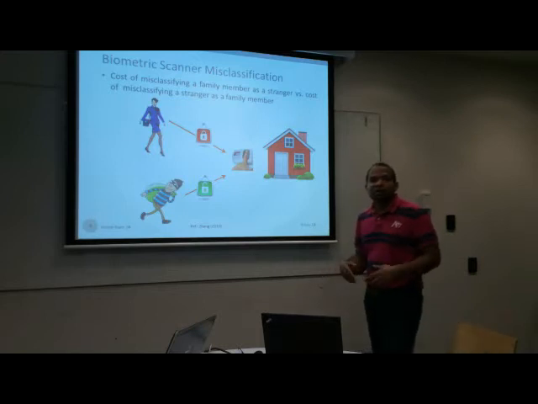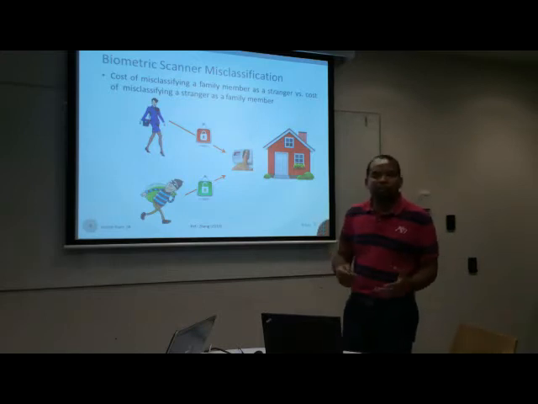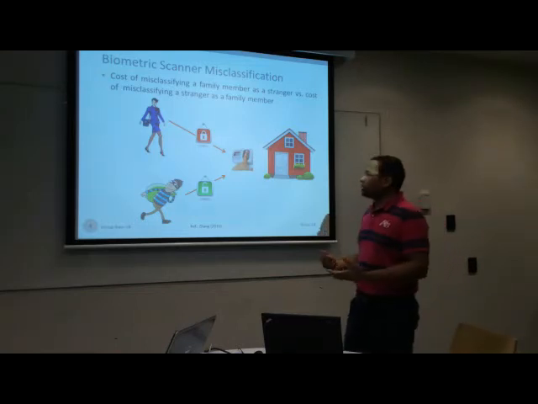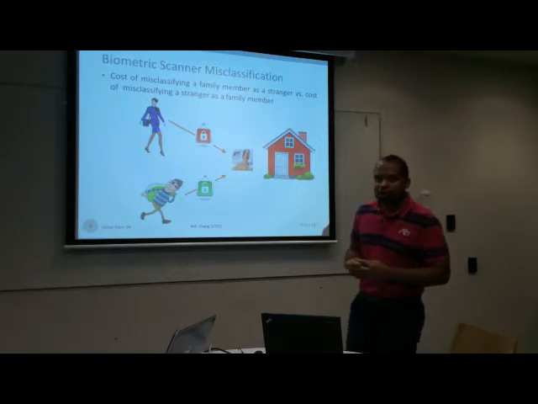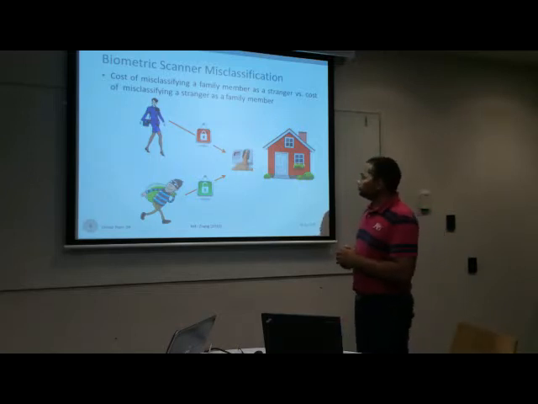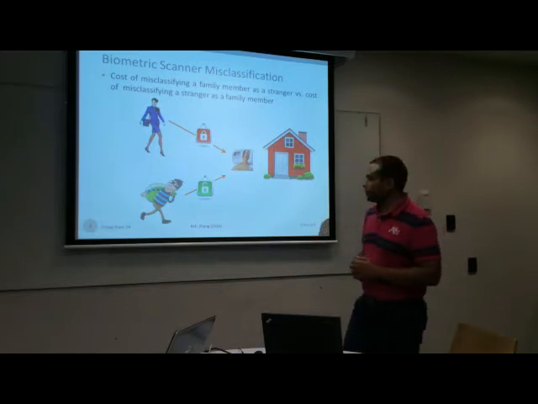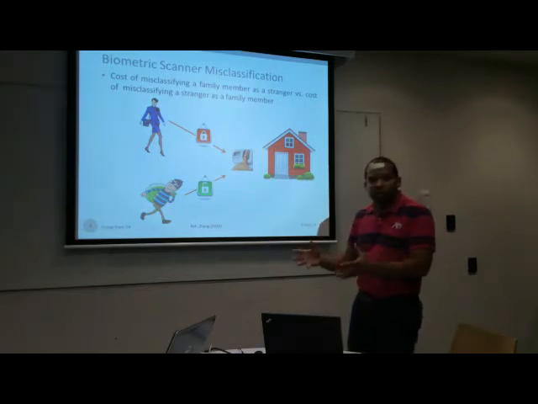The classifier would be able to detect a family member and open the door for them. When the classifier rejects or does not recognize the family member, it does not open the door. The family member may get annoyed. Now this little annoyance is the cost.